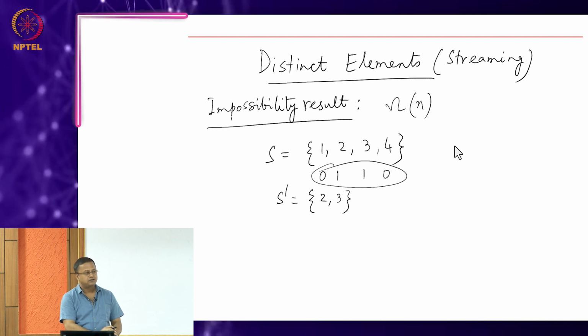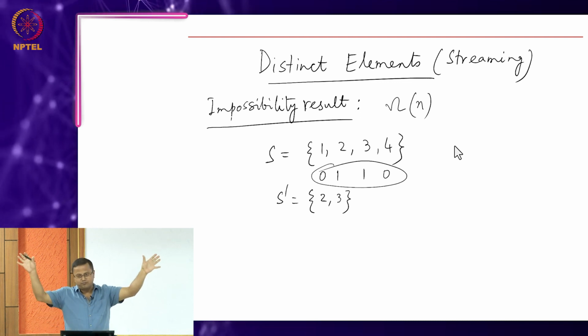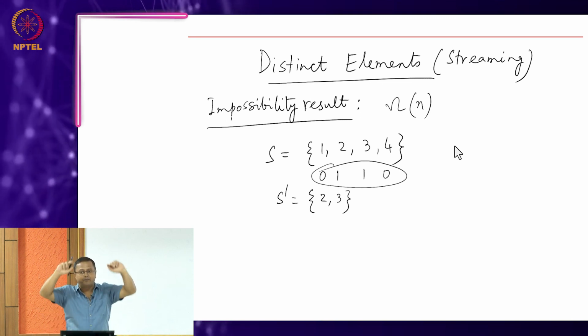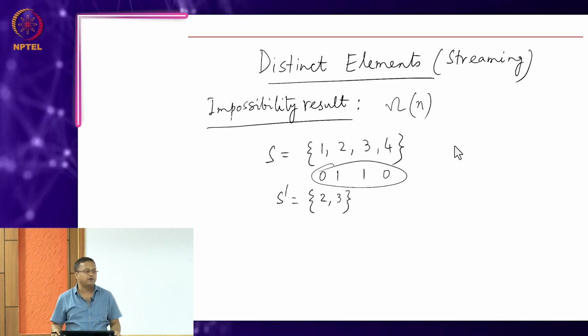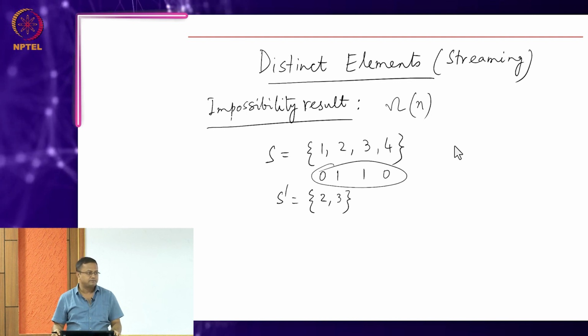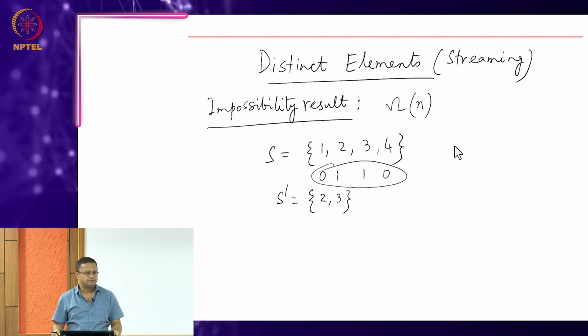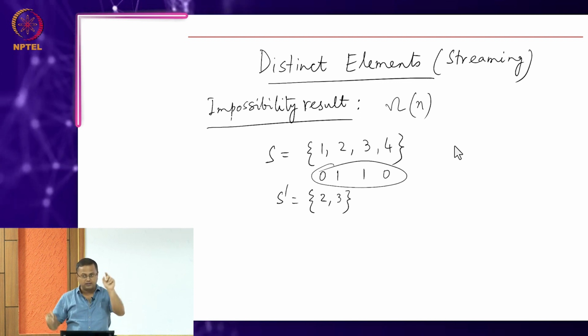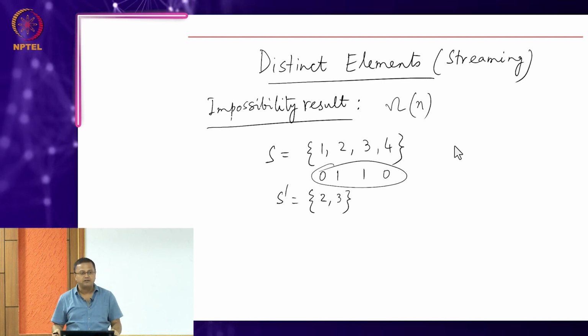So, the question is, Alice has a string like this, Bob has a string like this. For the sets that they represent, is there a common element or not, meaning thereby that there should be two ones in corresponding positions that match.